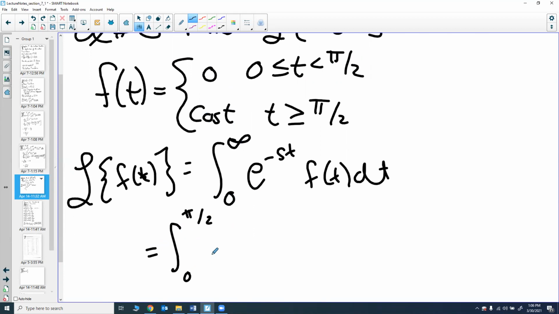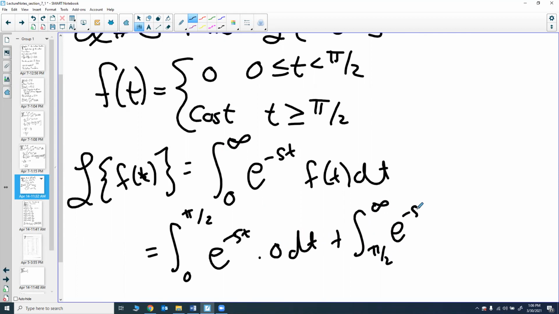The integral of e to the minus st times f of t from 0 to pi halves, where f of t is 0, you're going to add to the integral from pi halves to infinity of e to the minus st times f of t again, but in this range f of t is cosine of t, dt.